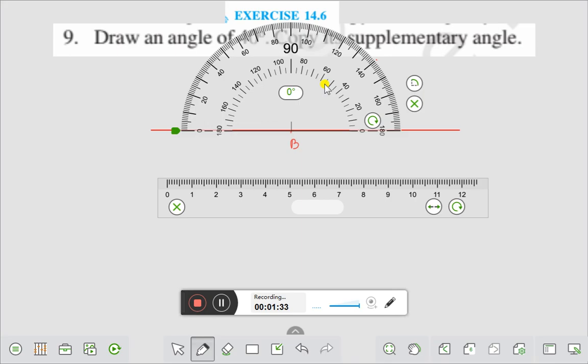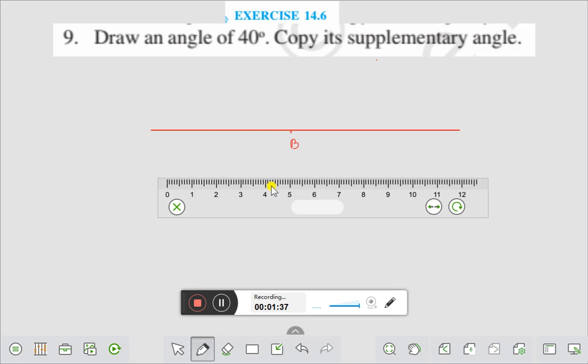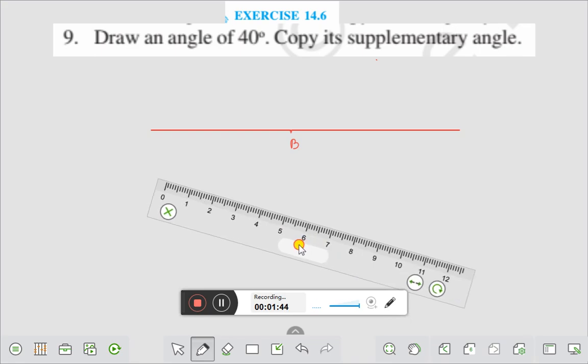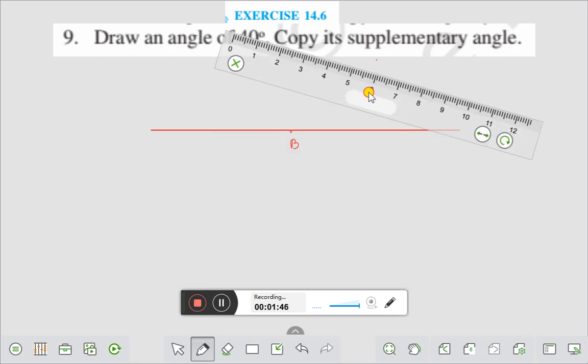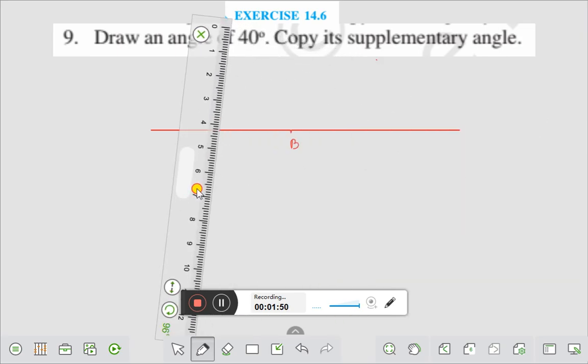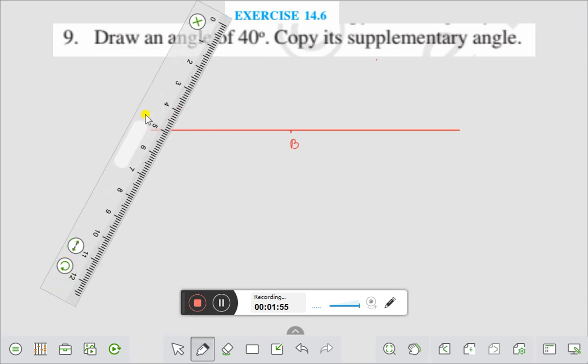Now draw this line. With the help of a scale we will draw the line.